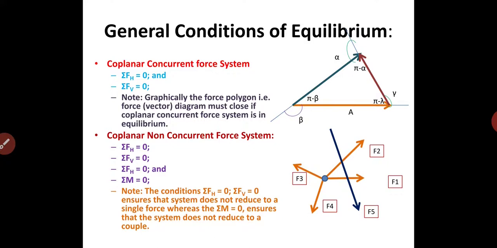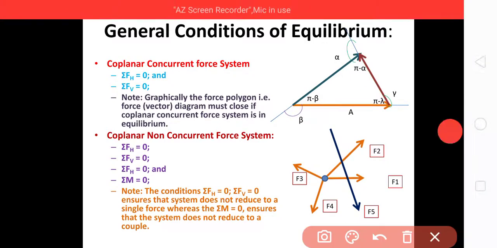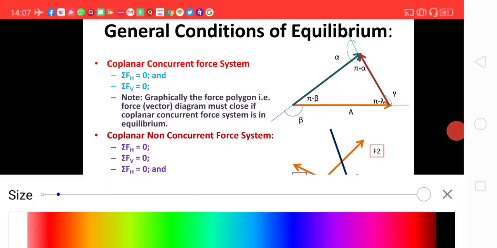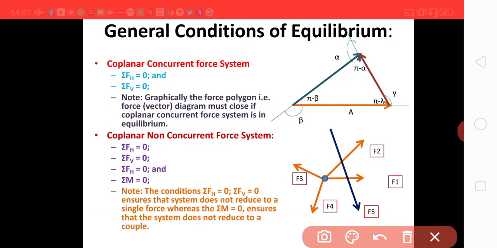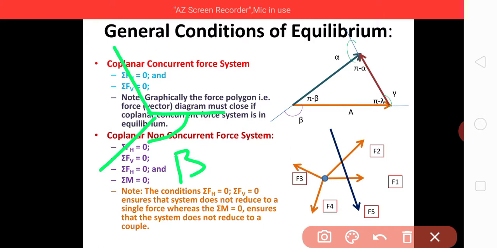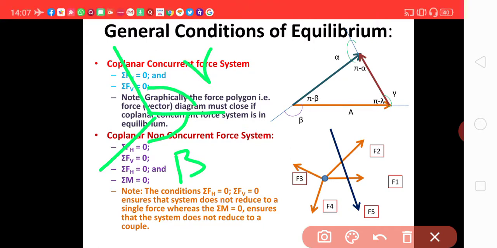Say there is a force system making angles. This is the beta angle, this is the gamma angle, and this is the alpha angle.